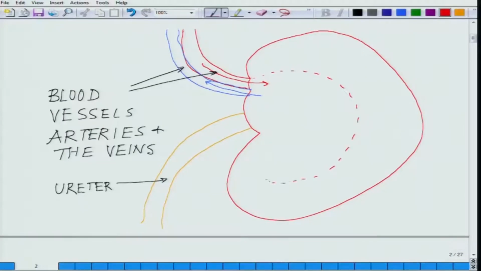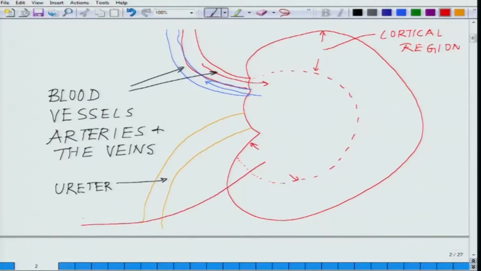One is called the medulla, the other one is called the cortex. So, the cortical region is from here to here. This is called the cortical region of the kidney, or cortex of the kidney, whereas the inner part is called the medulla.